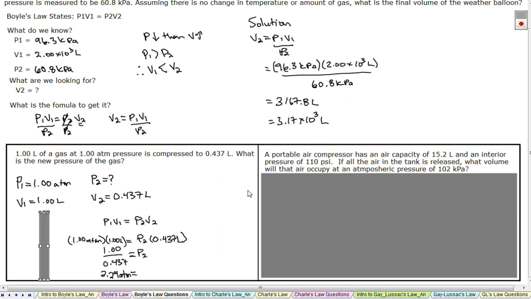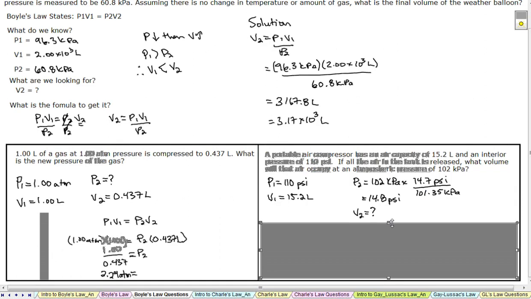So our first step is going to have to be to convert our units of pressure. I decided to keep this with PSI. I just chose to do it. You could have converted it to kilopascals, or converted P2 to PSI.